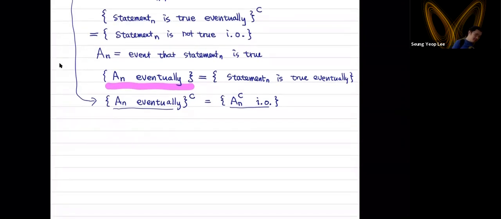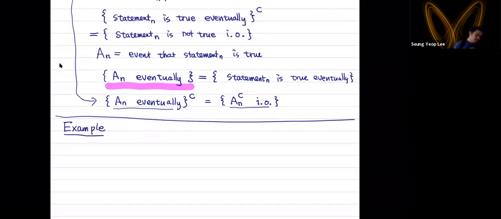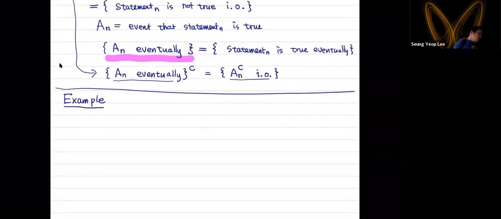Okay, so let's give an example. Let's choose Xn as Bernoulli random variables, so our coin throw, and they are also independent.